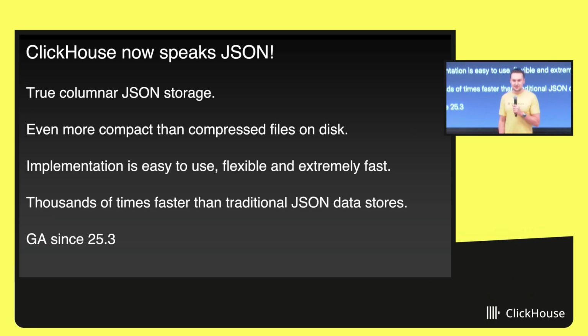Okay, so ClickHouse now has the new JSON data type. It gives true column-oriented data storage for semi-structured data. It gives the most storage-efficient data format. It is easy to use. You don't have to do any customizations. By default, just write create table, your column, JSON.